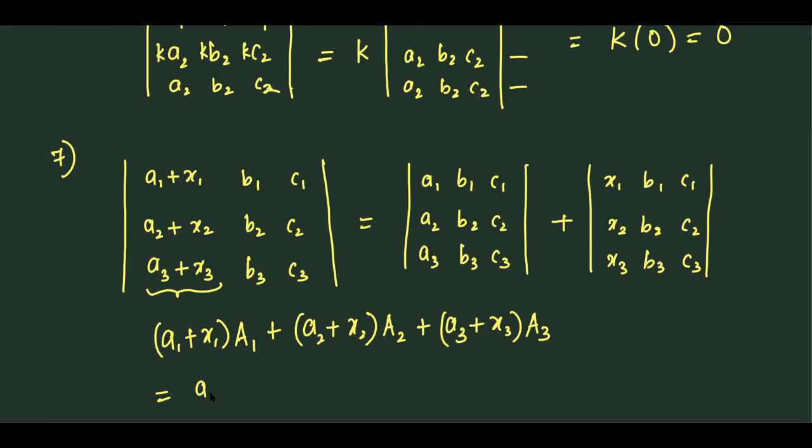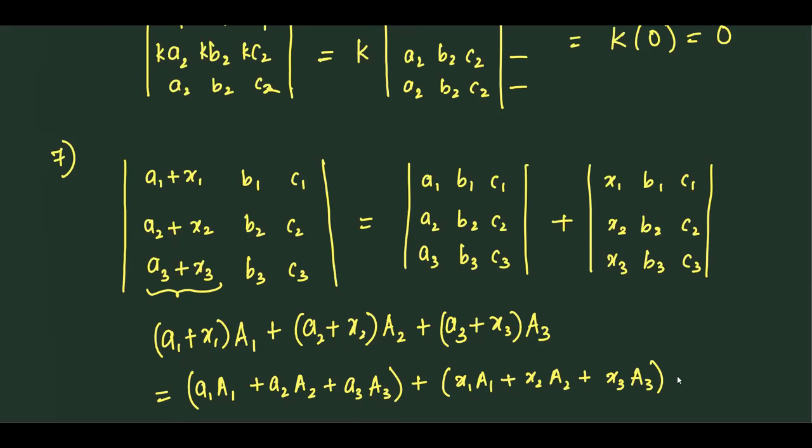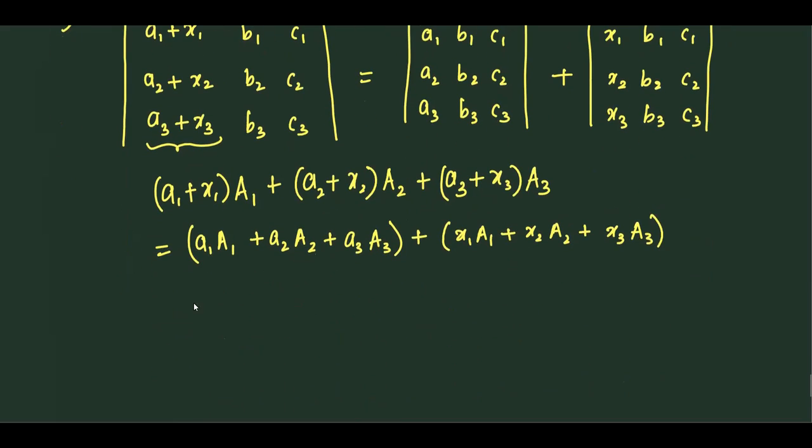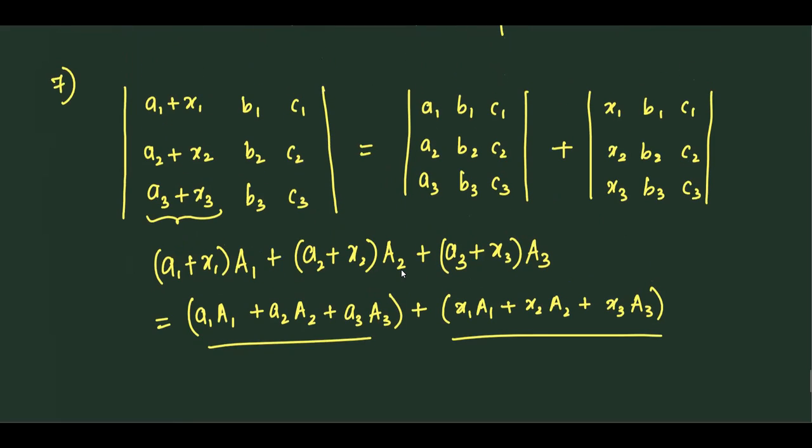So now you can split this as a1 A1, a2 A2, a3 A3 plus x1 A1, x2 A2, x3 A3. Okay, so this becomes the first determinant, and this becomes the second determinant. Understand? This is the LHS. This is the RHS.